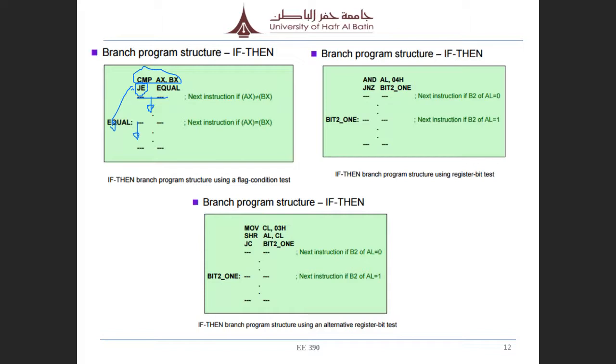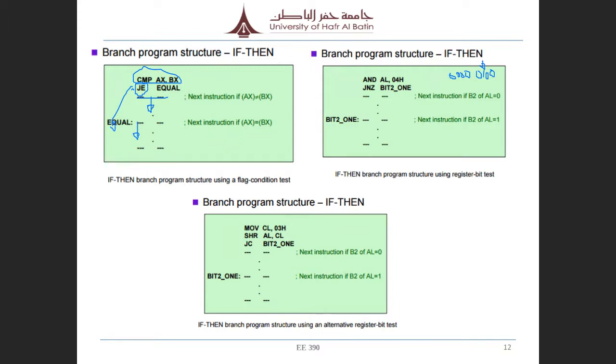But there is another structure, for example, AND AL comma 04h. 04h means in binary 0000 0100, so we are interested in this bit, which is b2.